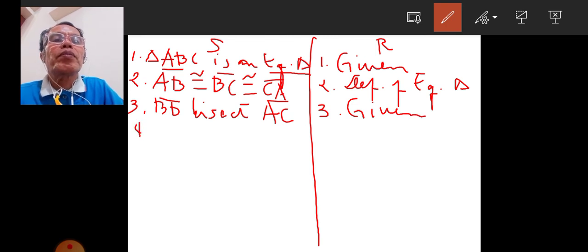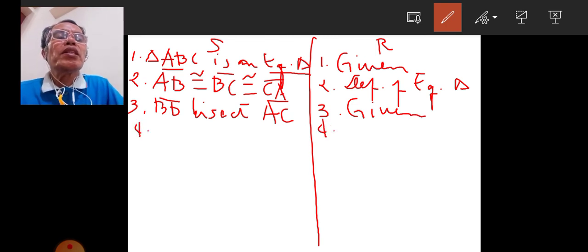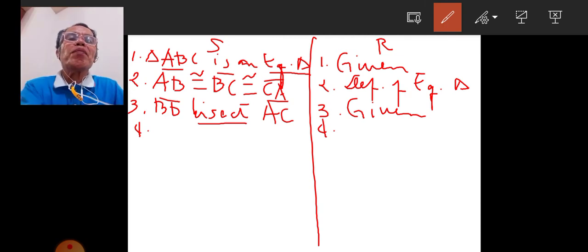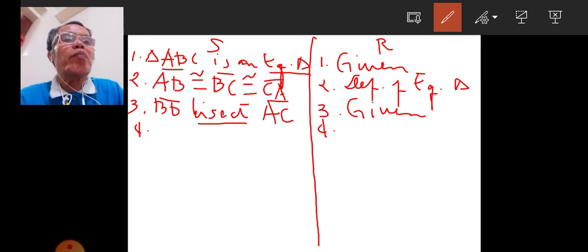So number 4. The reason for number 4 can be anticipated because we have the word bisect. And segment BD bisect segment AC. So therefore, segment BD now is a segment bisector.